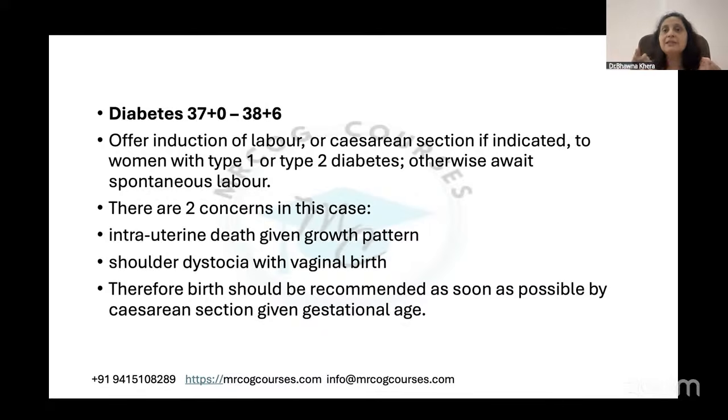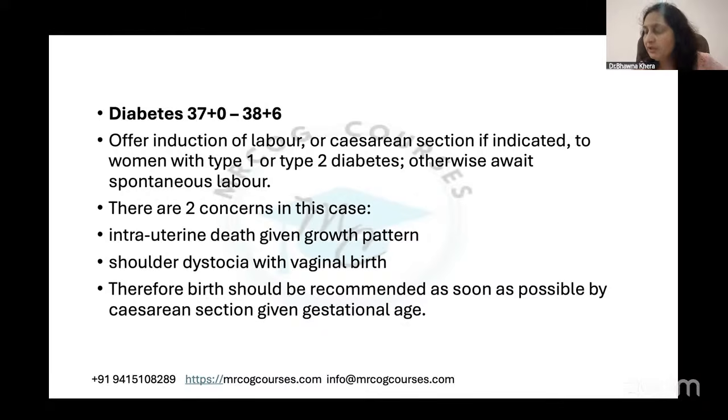Conceptually, yes, this is the time to deliver the patient, but whether we choose vaginal or cesarean? In these patients with uncontrolled diabetes, see the level of worsening. Macrosomia and certain complications are already there. The patient may have IUFD any time, and if she delivers a macrosomic baby, the shoulder dystocia risk is there. That is why we are choosing the cesarean section here.